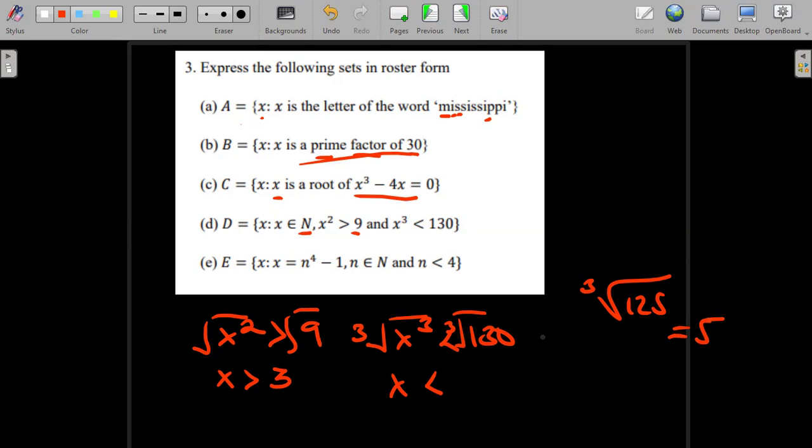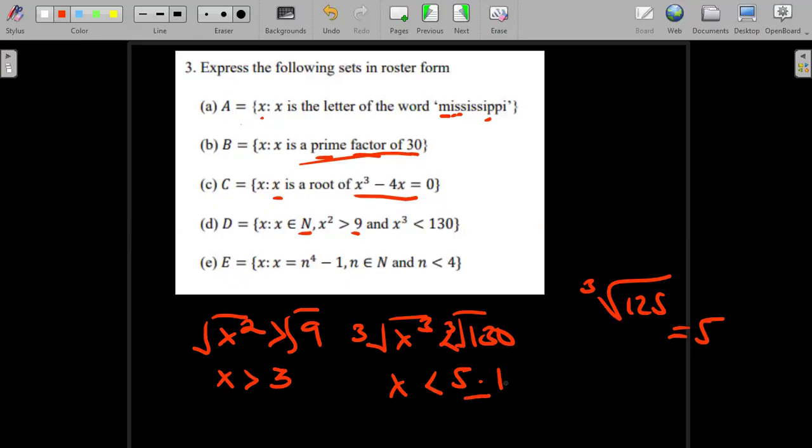So if it's 130, this is going to be close to 5, at least maybe 5.1, approximately. You can check the exact one on the calculator, but it's not really going to affect whatever we do.